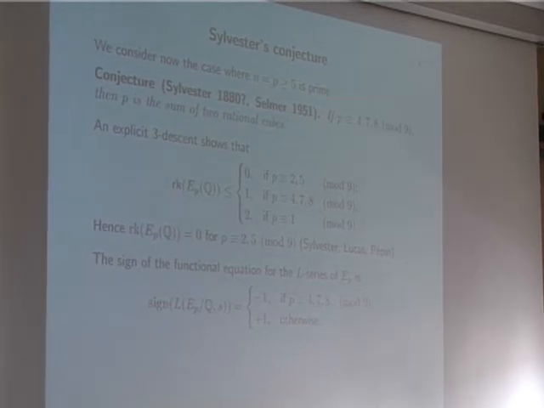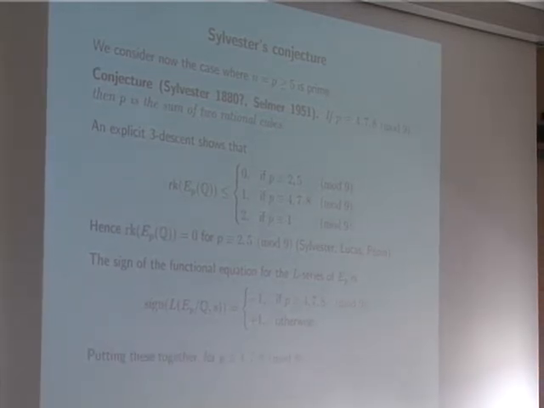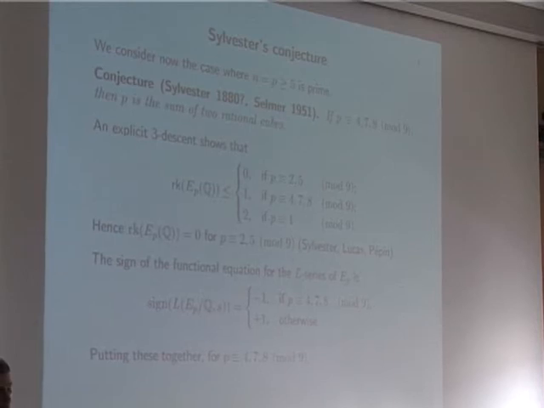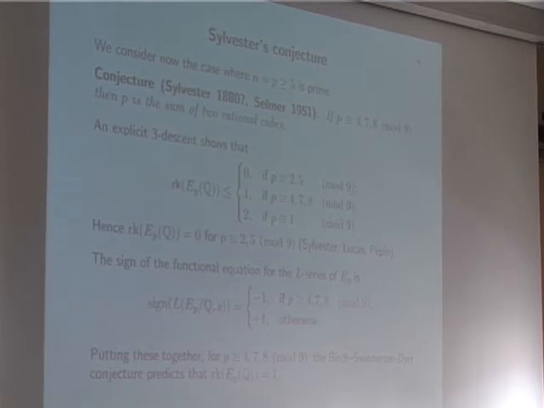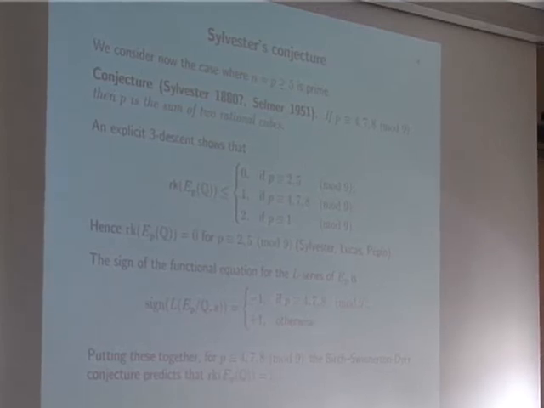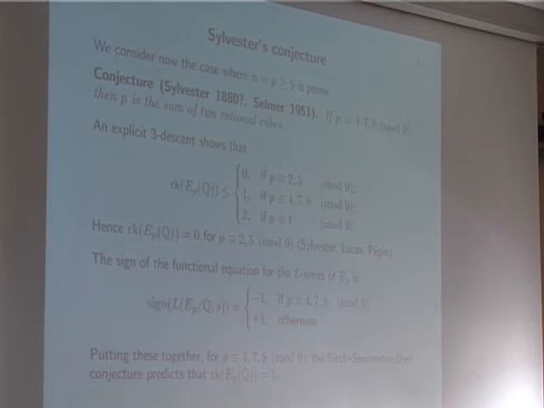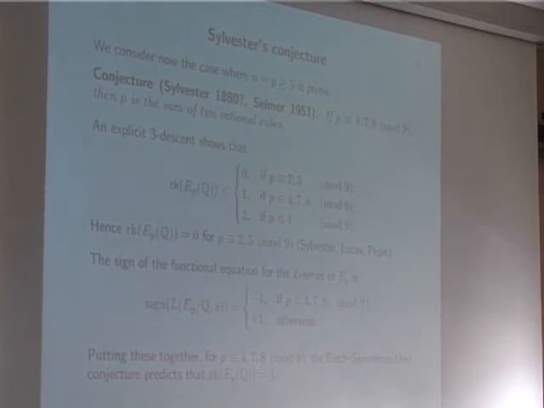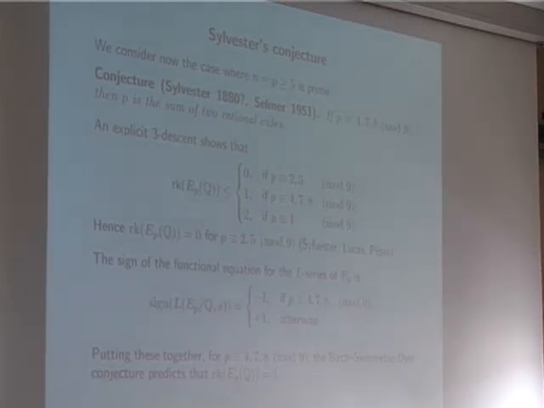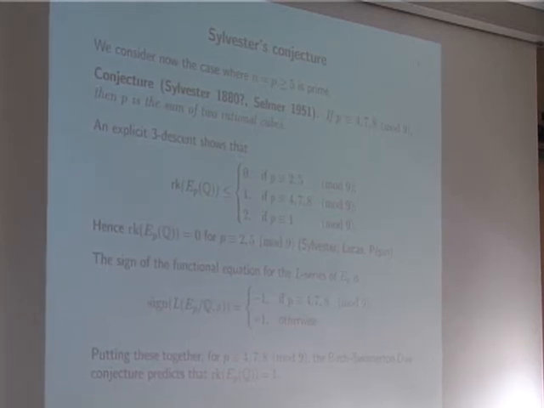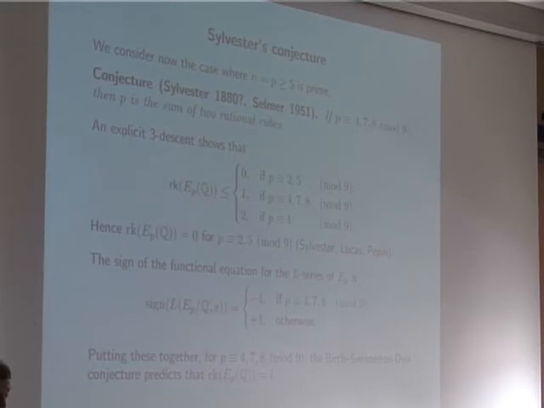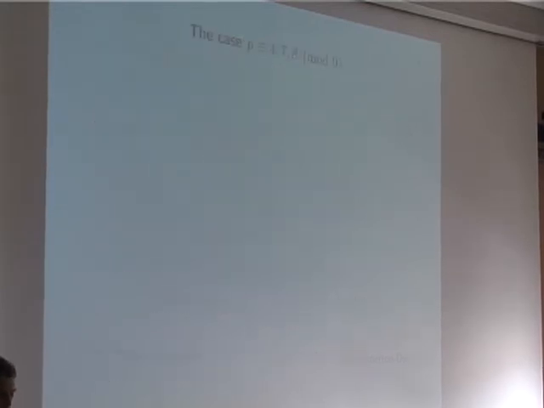So if you believe in the Birch and Swinnerton-Dyer conjecture for p is 4, 7, or 8 mod 9, it says the analytic rank should be odd, and that the analytic rank should be equal to the algebraic rank. We know the algebraic rank has to be less than or equal to 1, so we expect it to be equal to 1. So that's why the congruence classes p is 4, 7, or 8 are distinguished in that way. So that's what we expect.